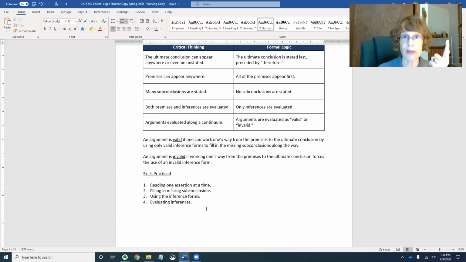We want to fill in the missing sub-conclusions as we go along. We want to use the inference forms, and we want to remember whether those inference forms that we are using are valid or invalid. After we do a few reps of these, you will be feeling so much more comfortable with those inference forms and so much more confident deploying them in your everyday life.